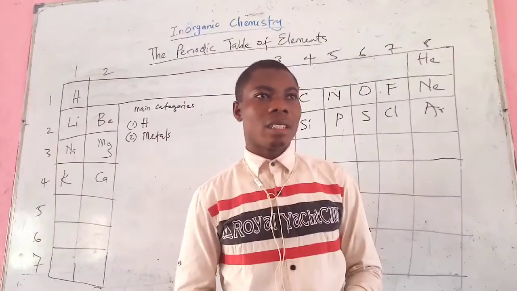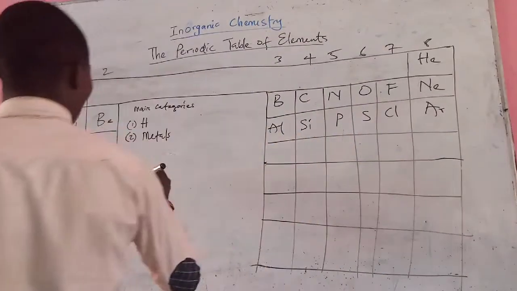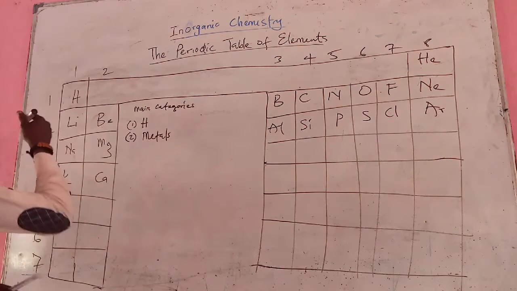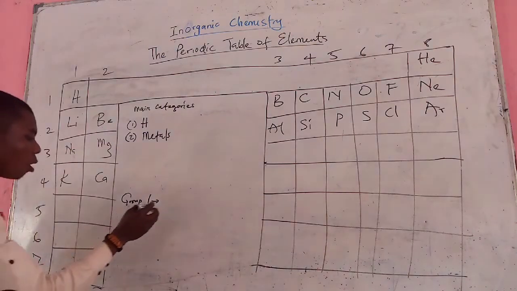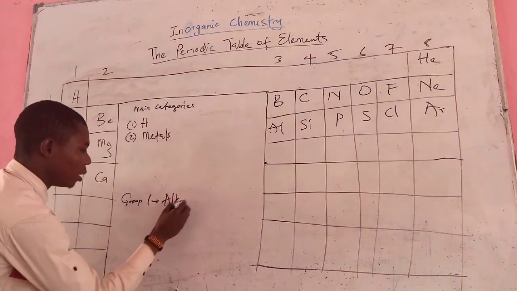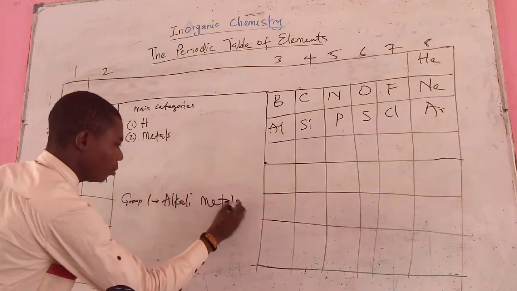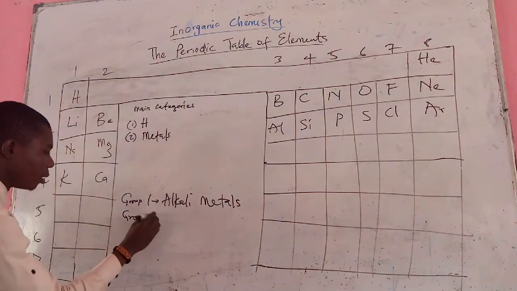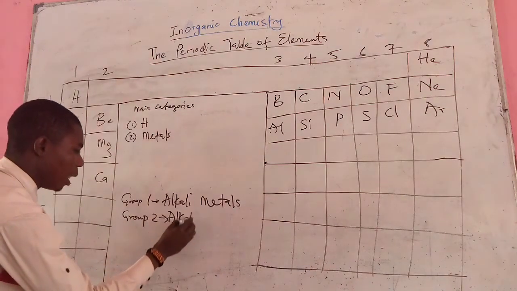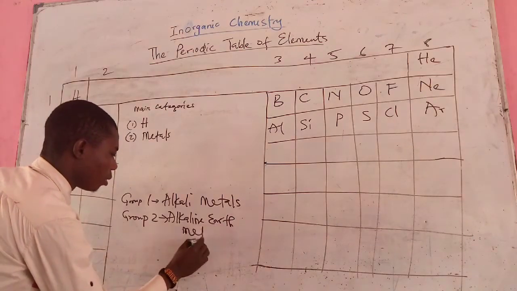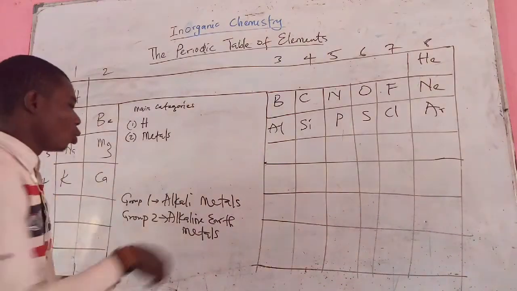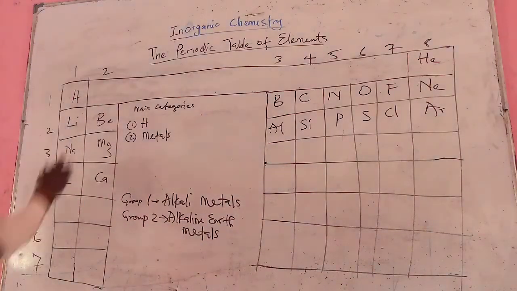Group 1 elements we can also call alkali metals, while group 2 elements can also be called alkaline earth metals. So these 2 groups of elements, group 1 and group 2, are the metals.